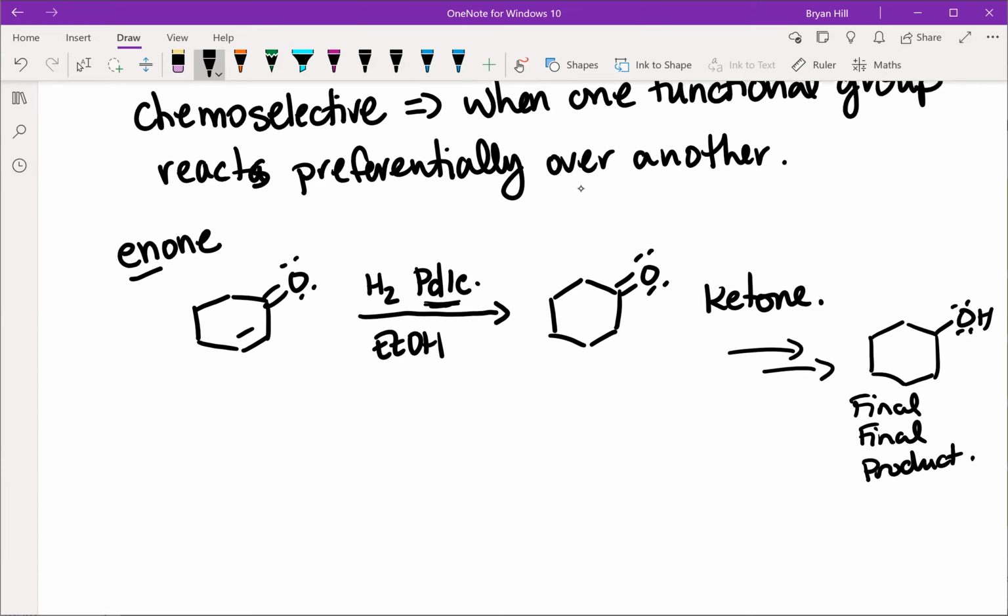So in the lab later on, you're actually going to do a reaction which is the reduction of benzophenone with sodium borohydride. And what you're going to do is you're going to monitor that reaction with a TLC plate. And it's the same sort of thing here. You can monitor the reaction to see that this has been reduced.